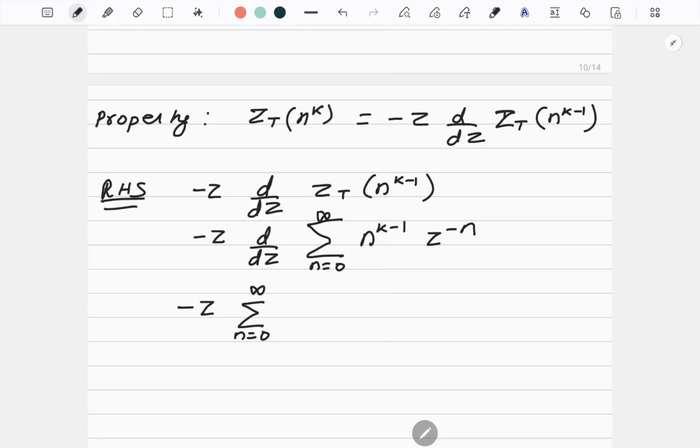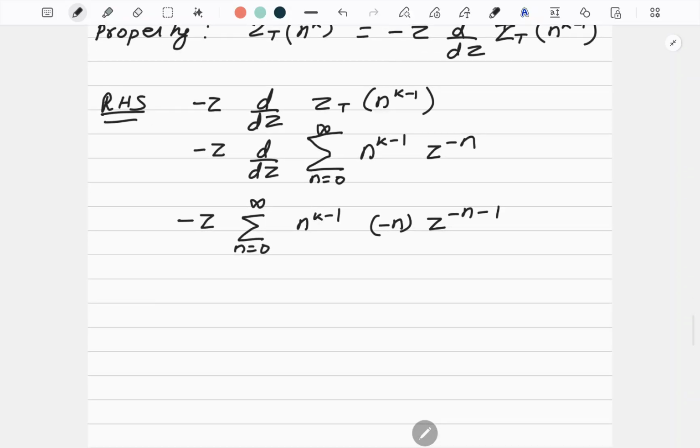I will differentiate it. So n to the power k minus 1 is a constant. Differentiation of z to the power minus n is what? Minus n z to the power minus n minus 1. Simple differentiation I have applied. Okay. Now minus z minus n summation z to the power minus n plus 1.